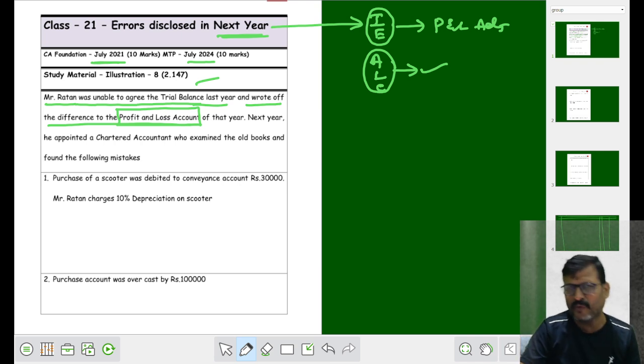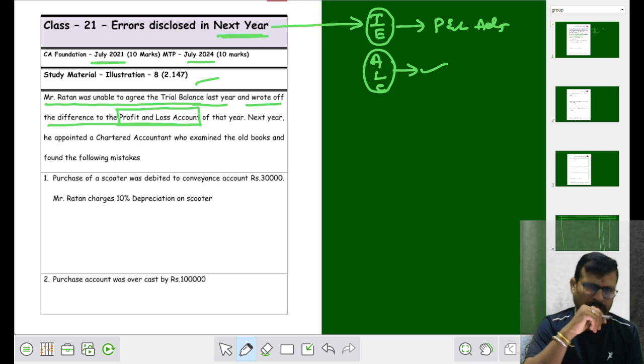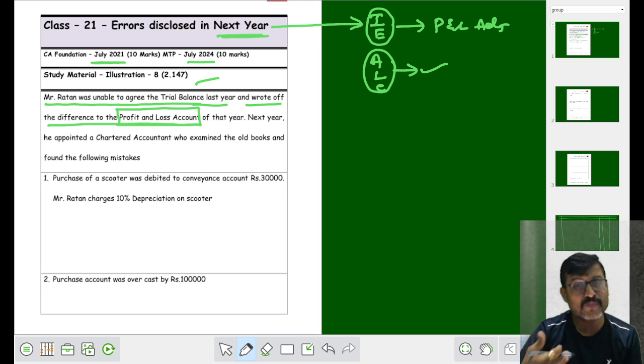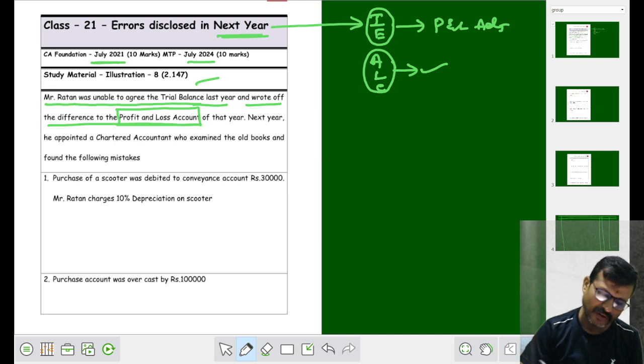Instead of P&L, we are calling it a P&L adjustment. Especially in this problem, if you use P&L or P&L adjustment, both are same, but preferably I use P&L adjustment only.